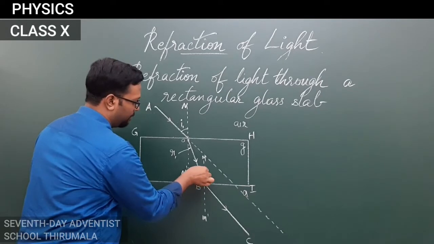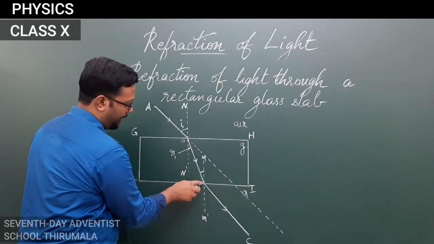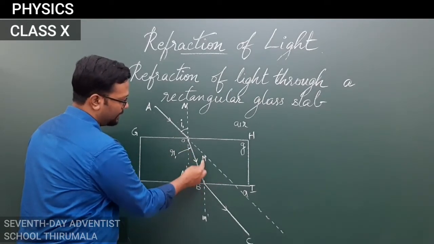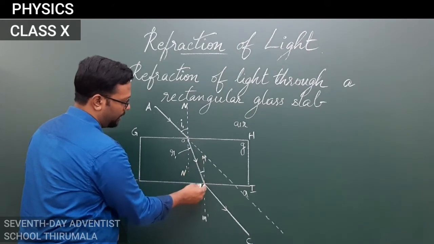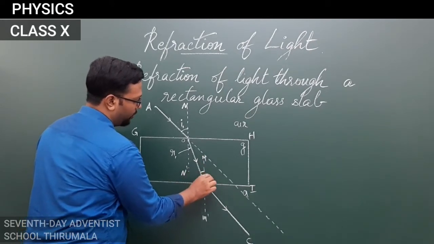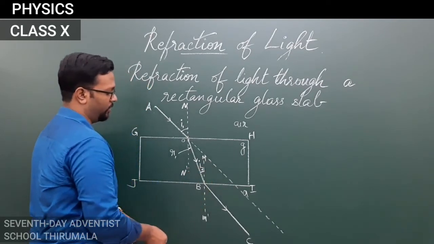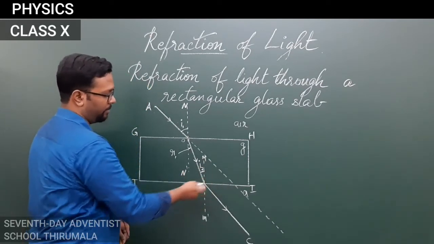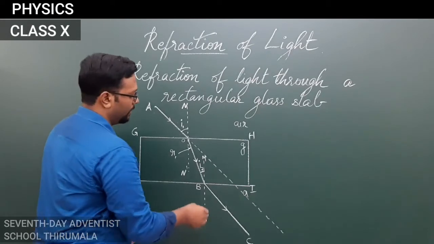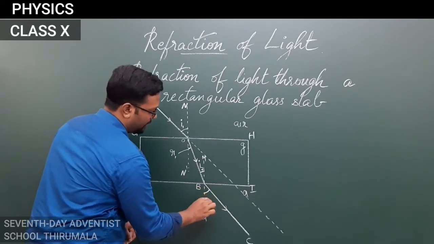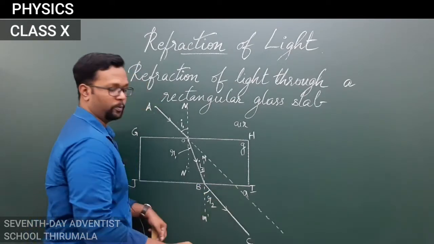And here we can mark the angle between this ray OB and this normal MB as I2, the second incident ray, because it is the incident ray for this given pair of media. Then here we can write refracted ray R2.